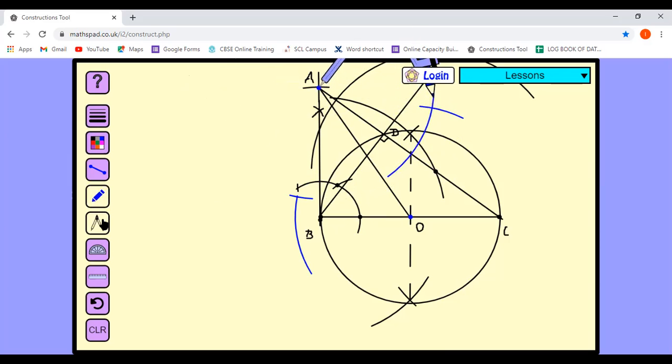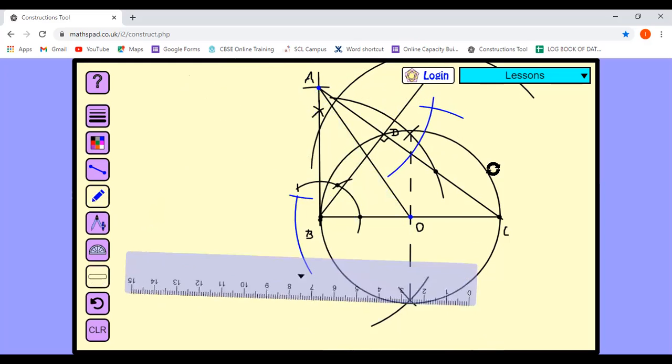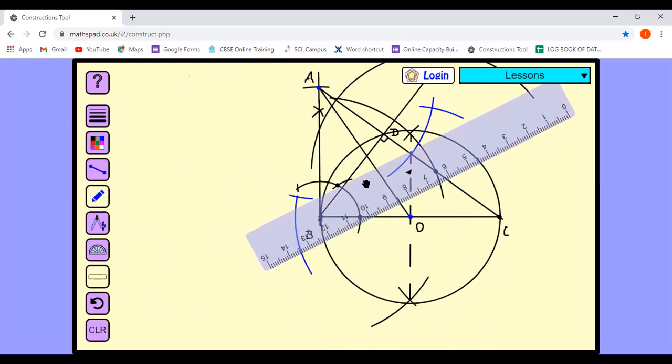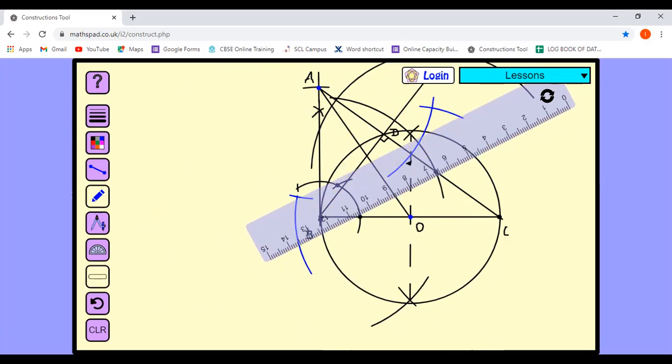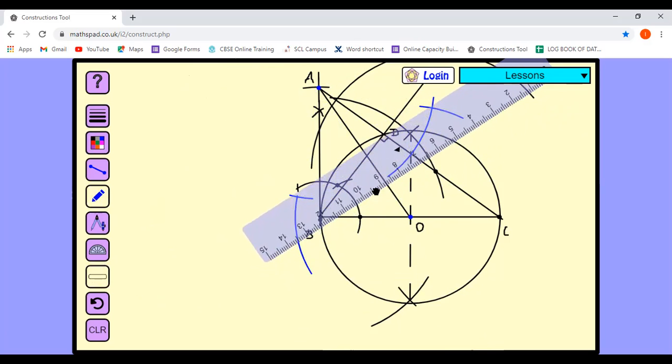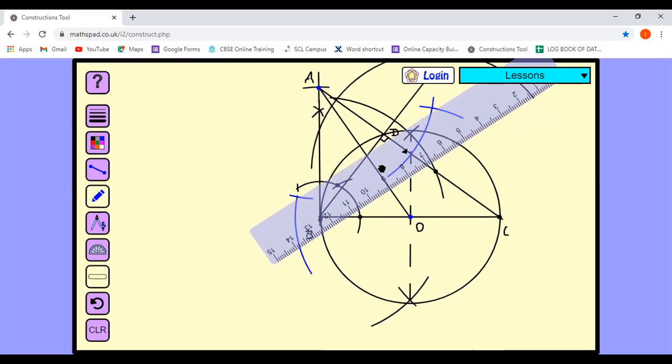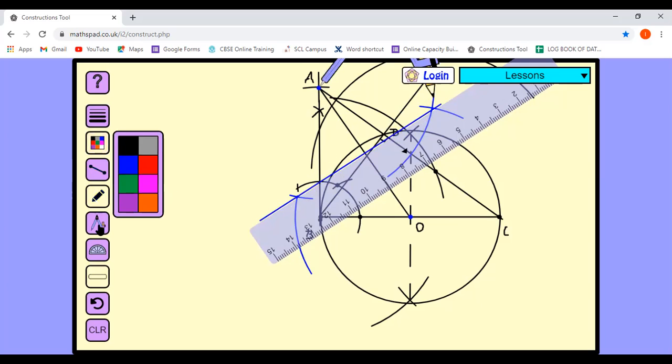Now let us join them. Very big arc, because my screen is not very big. I have a small screen over here. That is the reason that I need to do it this way. So let us join these two, and this is the perpendicular bisector.